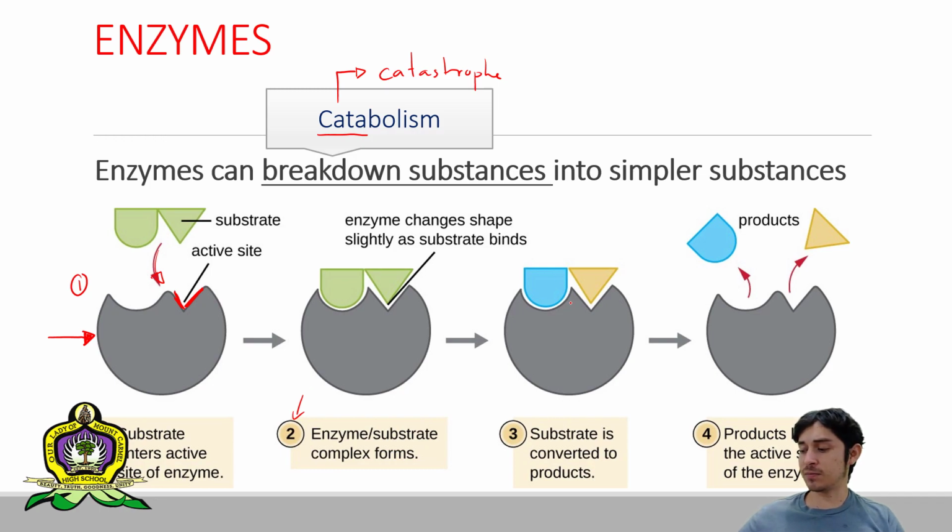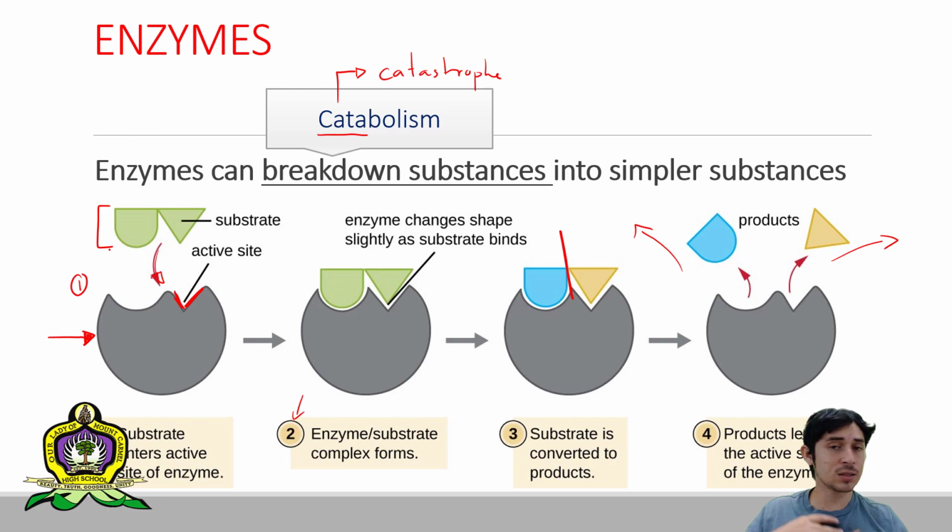So the enzyme serves like a little knife that will cut this large substance into simpler substances. Once it has cut this large substance into smaller substances, it will release the products. In this case, we see two products being released. So you start with one substrate.